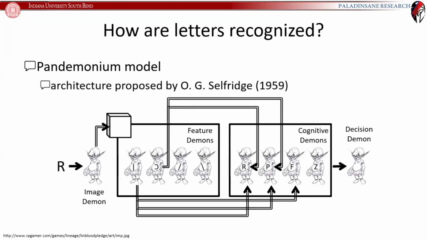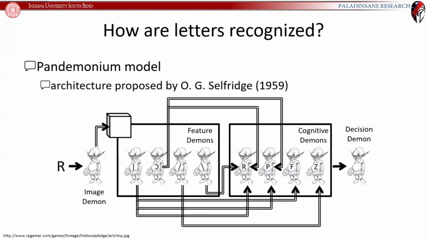It has connections to the P cognitive daemon, but not to the F and not to the Z. The one with the slash going to the right talks to the Z cognitive daemon, no other daemons. And the one with the slash going to the left talks to the R cognitive daemon and no other daemons. So those are the links between the feature daemons and the cognitive daemons.